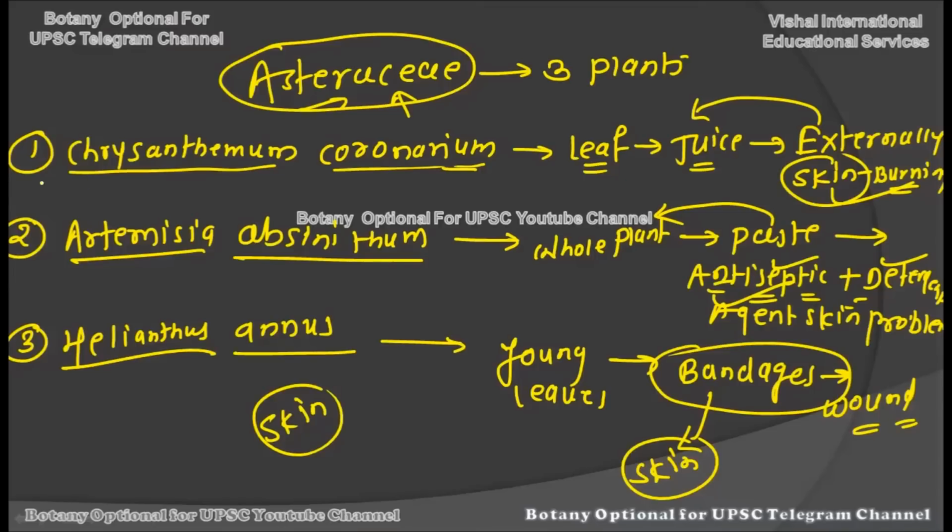So here we have the three plants: the first, Chrysanthemum coronarium, second, Artemisia absinthium, and third, Helianthus annuus. Their different parts are used to treat very specific kinds of skin conditions. Whenever there is a medical problem relating with the skin, there are ethnomedicinal applications of members which belong to the Asteraceae plant family. All right.